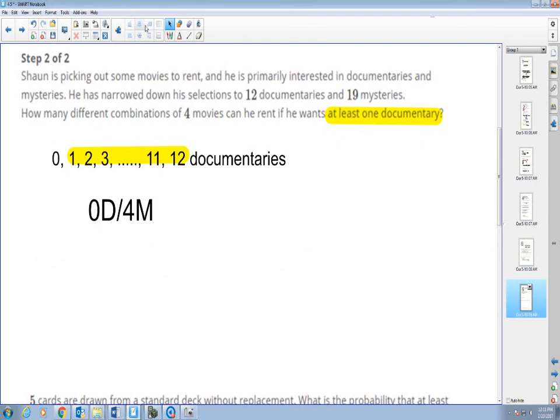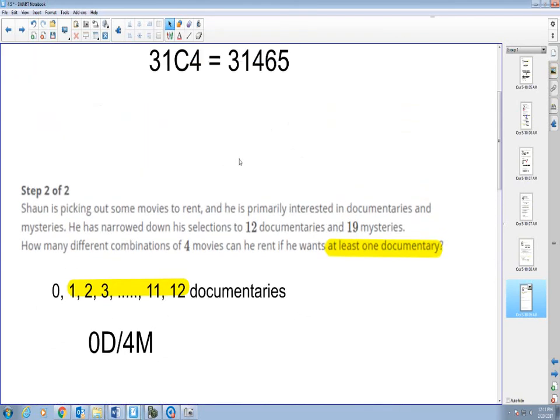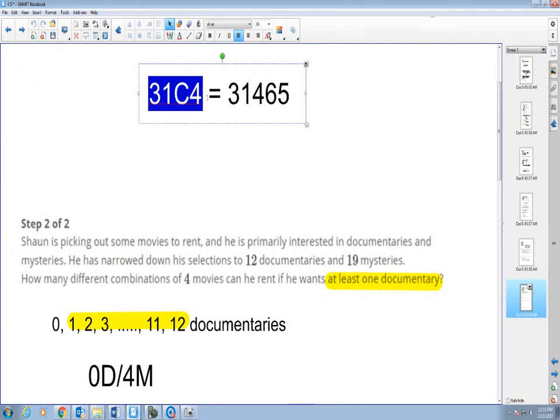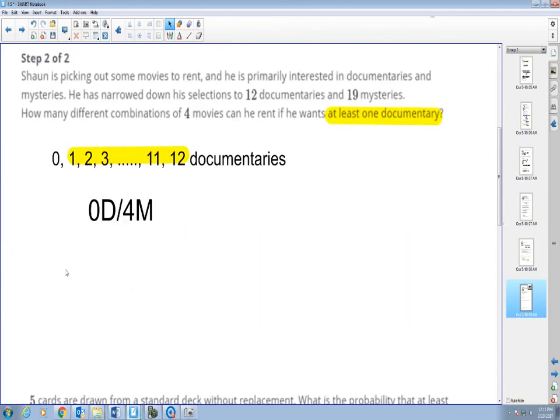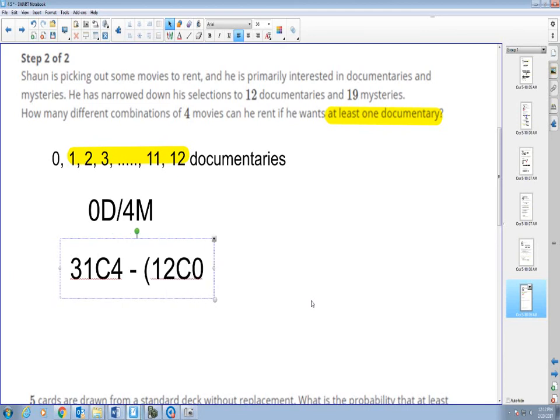Alright, so this is what I don't want, so we take what we want, which is all this, right, minus what I don't want, which is 12 documentary, ending up choosing none of them, followed by 19 mystery, because there's only 2 things going on here, documentary and mystery, choosing 4 of them.